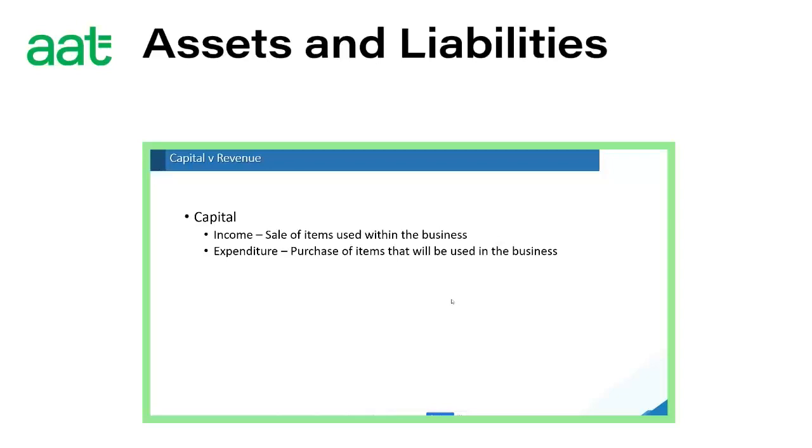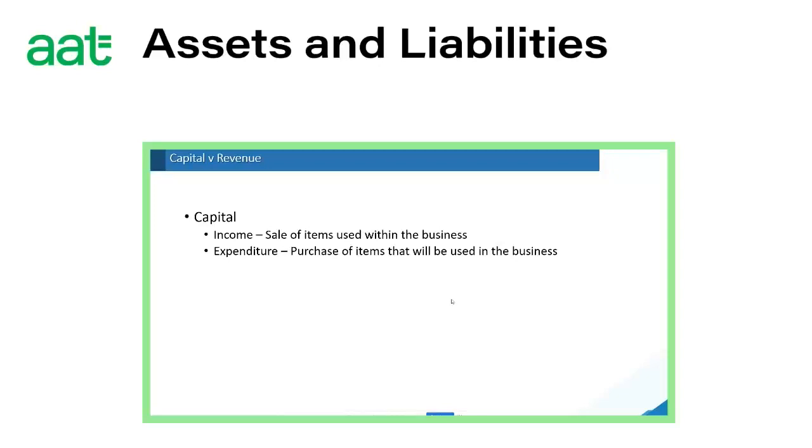Capital expenditure means that we've bought something to be used within the business. Now, that's really important, okay? It's got to be used within the business to be classed as capital expenditure. So if you're trading in your old vehicle for a new vehicle, that becomes capital expenditure. If you're buying new computers, capital expenditure, okay?